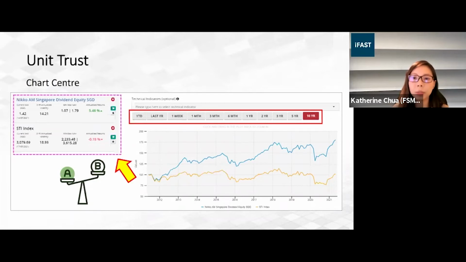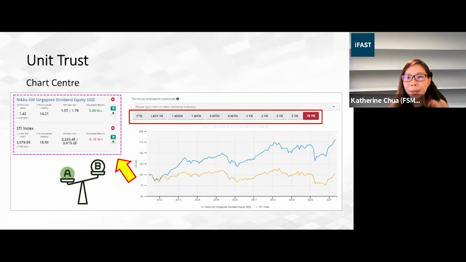So for instance, over here in this chart, I have selected this Nikko AM Singapore Dividend Equity Fund. This is our recommended fund for Singapore equity exposure. So I plotted it against the Singapore Straits Times Index, STI Index.